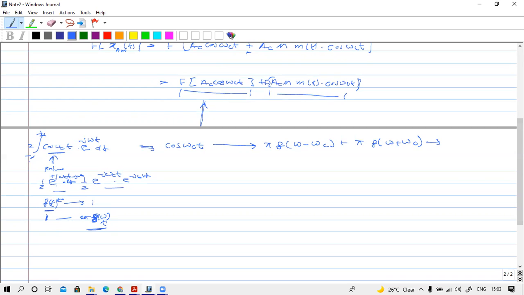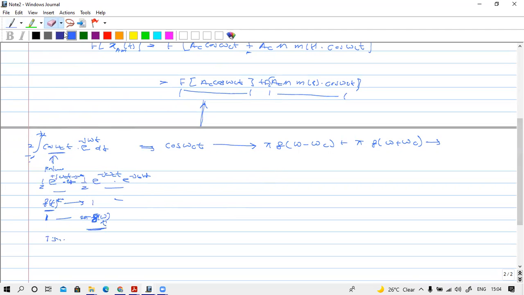Here we have 1 and e to the power minus j omega t, so we can consider it as a time shifting signal. Using that time shifting property also, you can get this value. In my signals and systems tutorial, I have explained how we can evaluate this, so I'm not going to do it here.